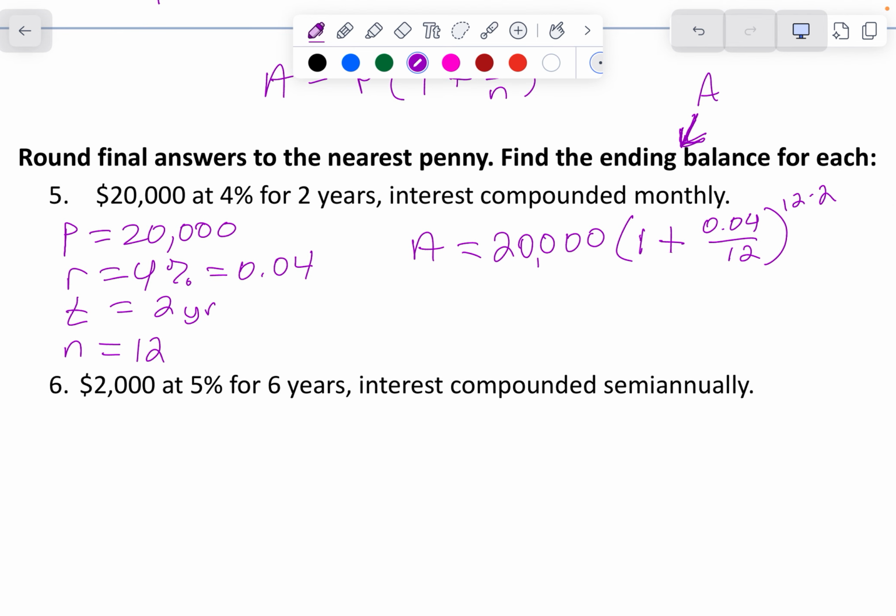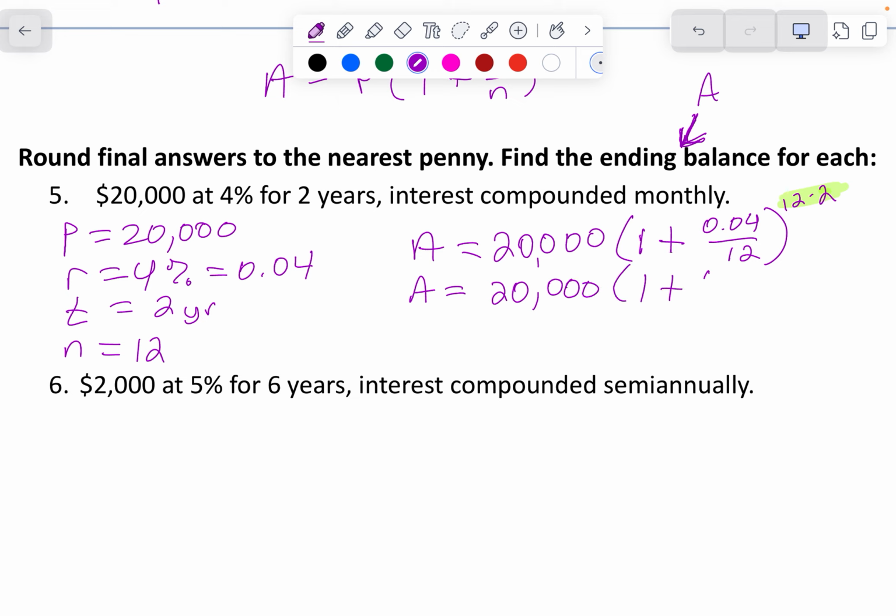So let's just take a minute, and I want to show you the best way to enter that into your calculator. Most of these, this part right here, you can do in your head. If not, I would suggest doing it in the calculator. What's 12 times 2? 24, right?